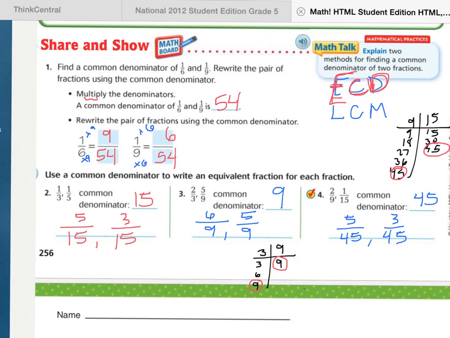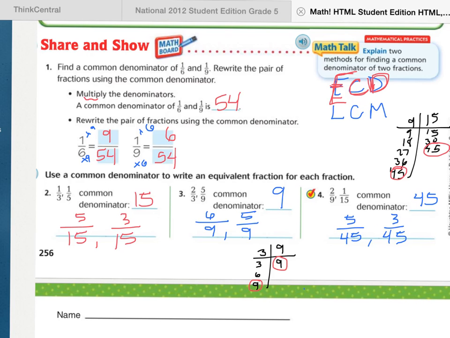On number 4, I used the lowest common multiple because I did not want to multiply 9 times 15 in my head. So I figured I'd factor it out, and I found 45. So I had to multiply 9 times 5 to get 45, and then 15 times 3 to get 45.